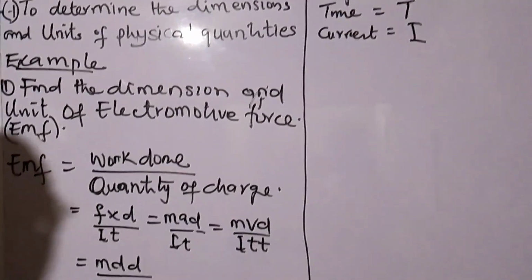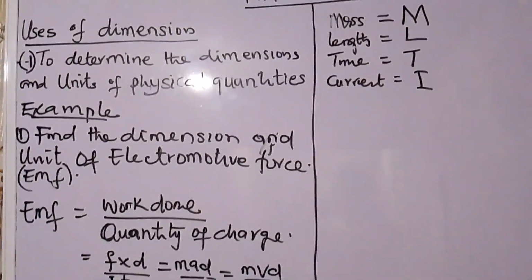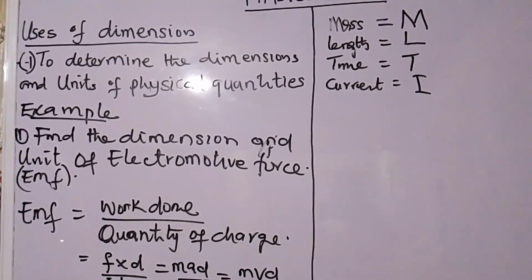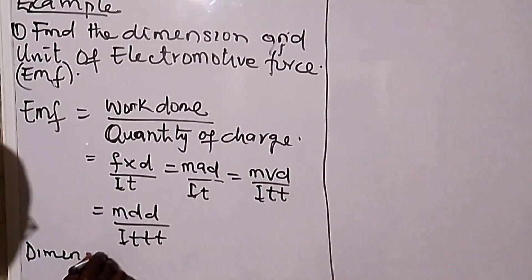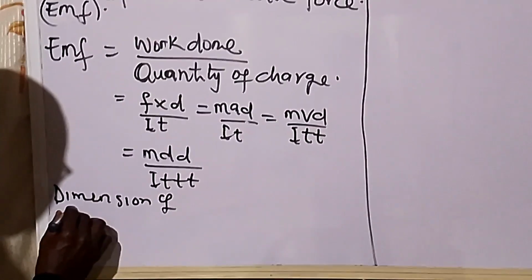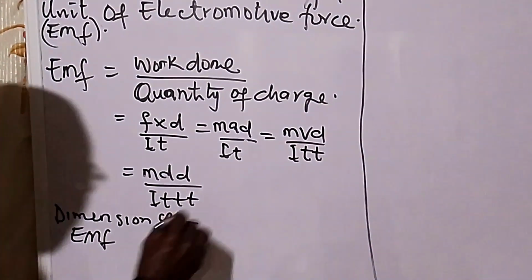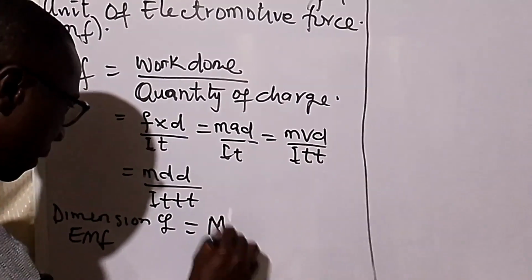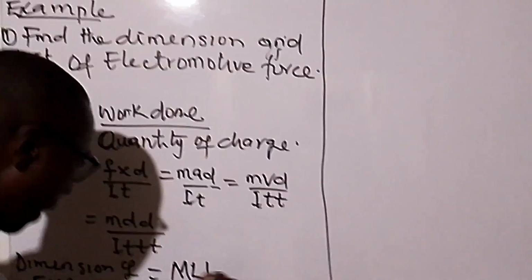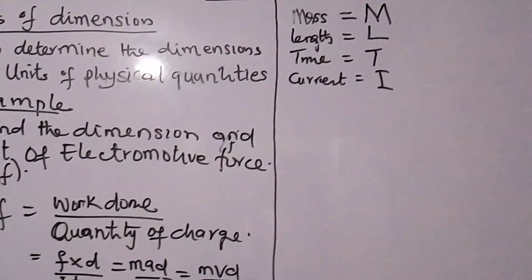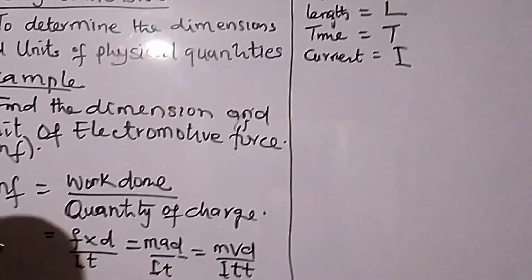Current, capital I. Now, to write the dimension of electromotive force, it will give us the dimension of EMF. Then it will give us this one, capital M, L, L, that is displacement, distance. They will relate to length.